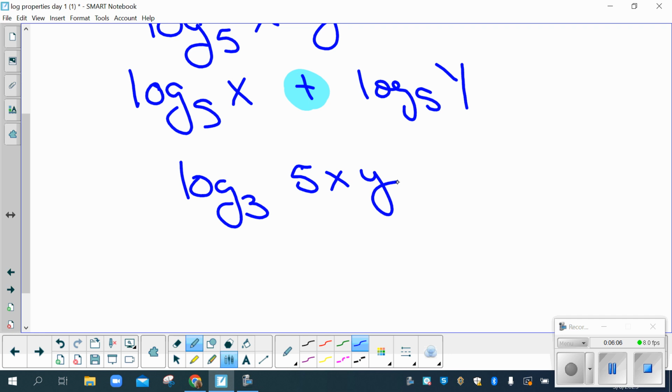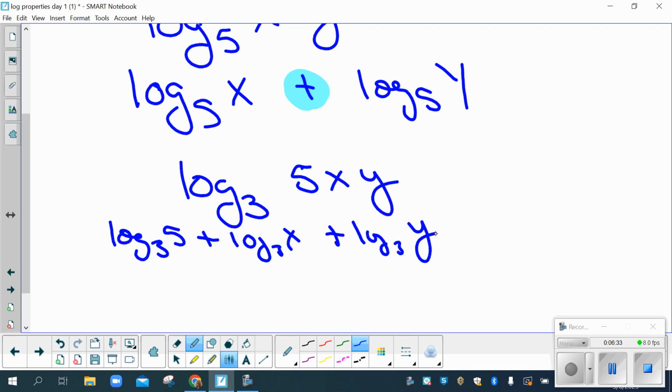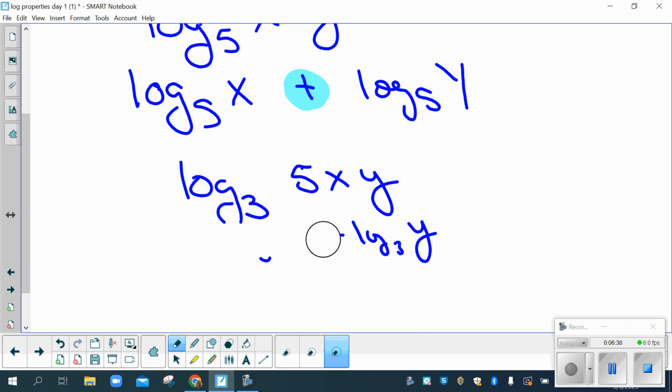You're going to get 3 little logs on this one, and that's okay. And if you got, hey, log 3 of 5 plus log 3 of x plus log 3 of y, you're awesome.